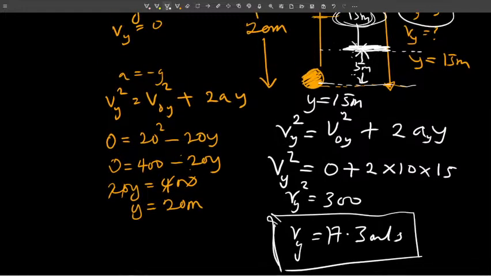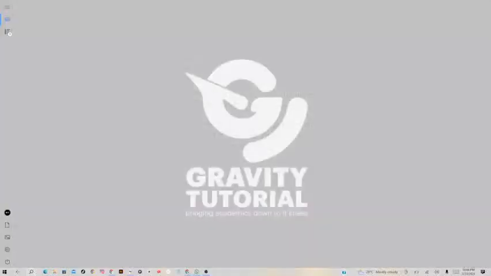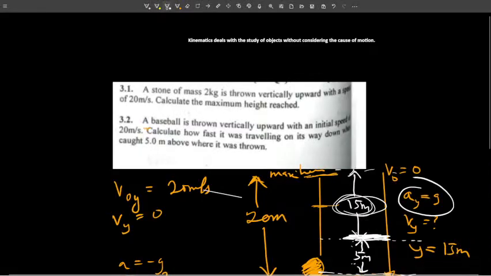That should be the velocity of the body if it is caught 5 meters above the ground. So the answer is 17.3 meters per second. Okay, so finally, we are done with all the calculations.